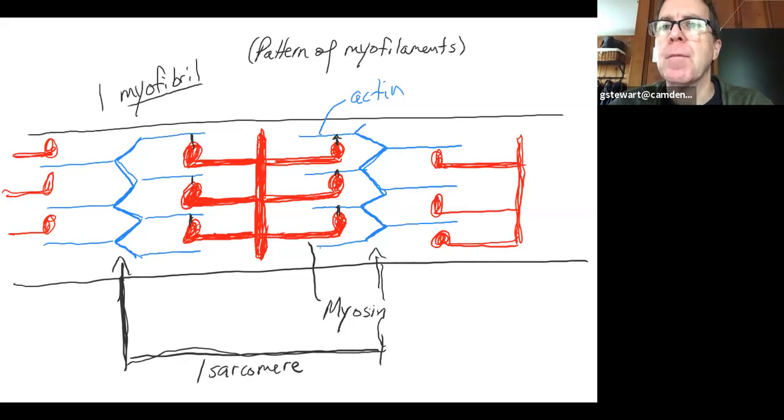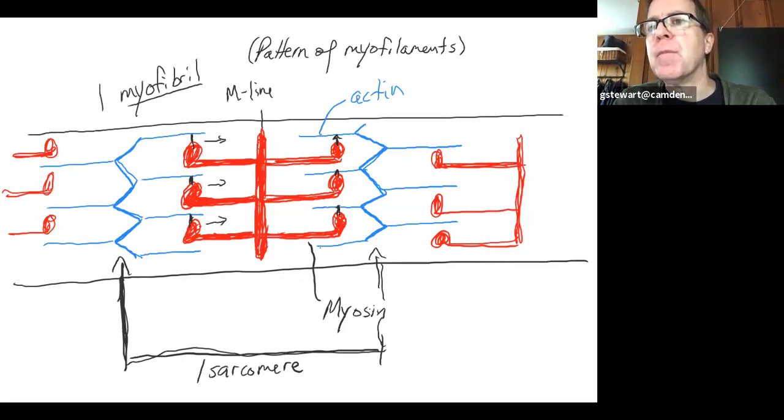And then because the myosin head has energy from ATP, that myosin head is going to pull that actin molecule toward this red center line, and that's called the M line. And these myosin molecules are going to pull these corresponding actins toward the center line in the opposite direction.